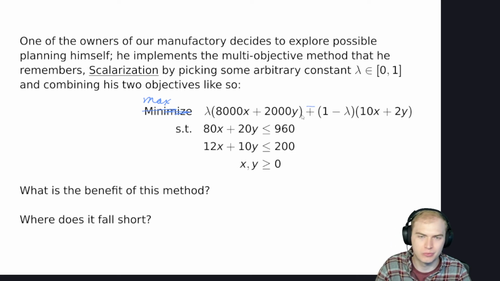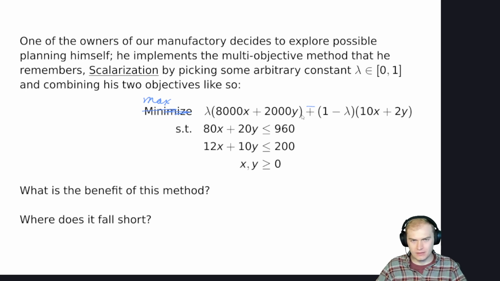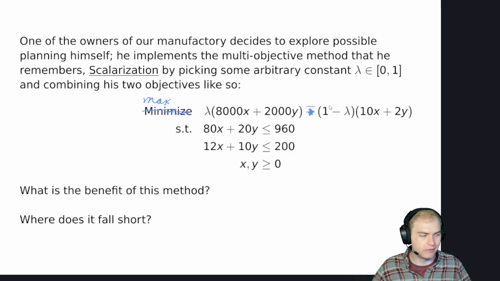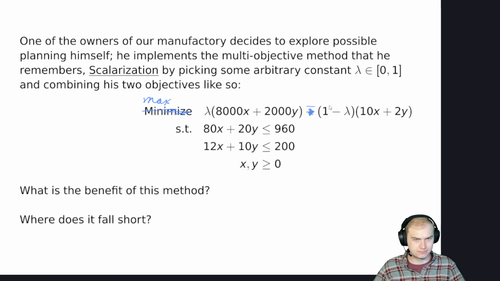Because remember, profit we're trying to maximize, waste we're trying to minimize. So the negative of a minimize is a maximize. So we can combine them thusly. This is another very popular method. Because it's simple.